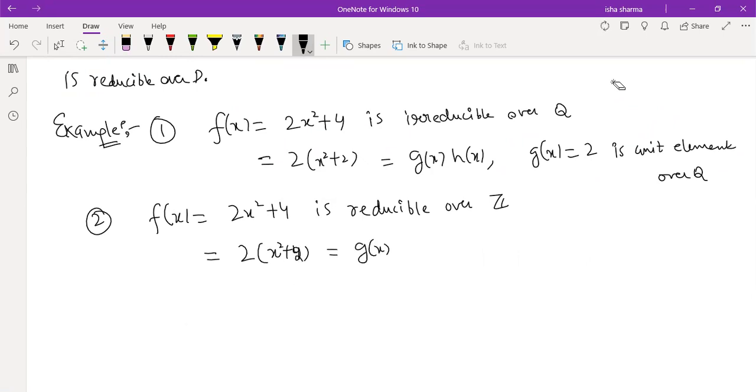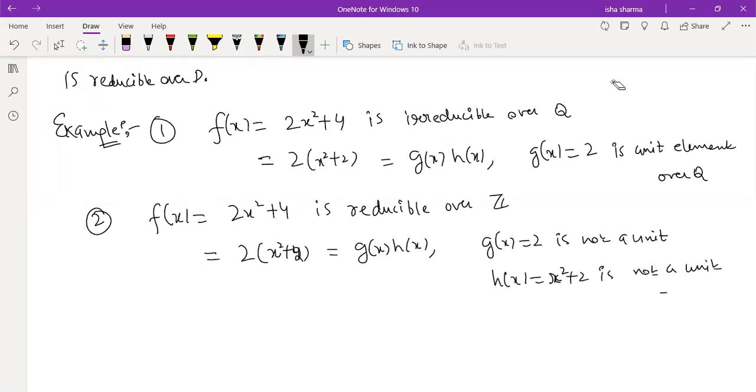If I write it as g(x) times h(x), then g(x) is 2, which is not a unit element, and h(x) is x square plus 2, which is also not a unit element of the polynomial ring Z[x].